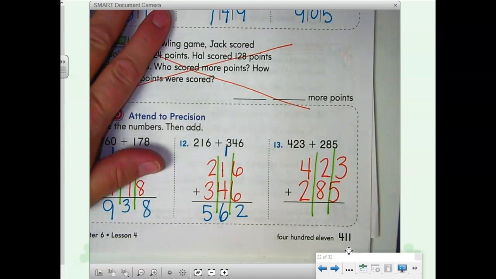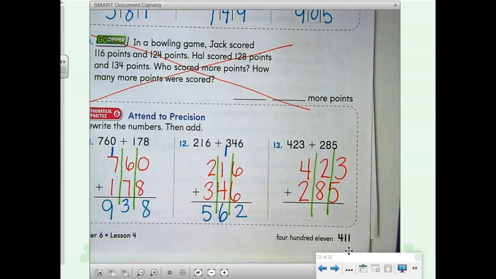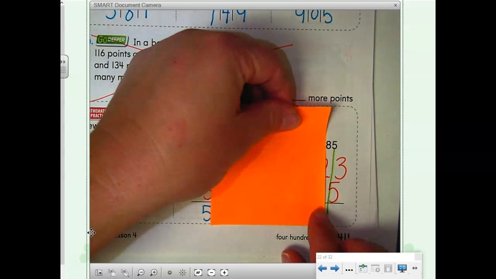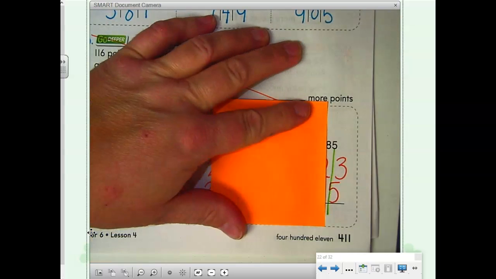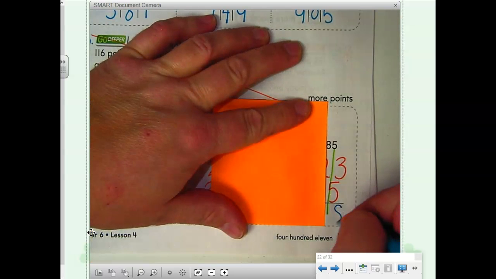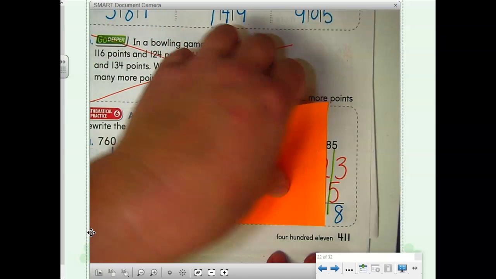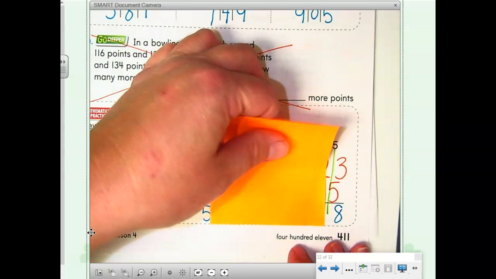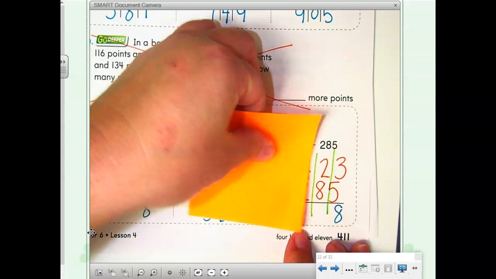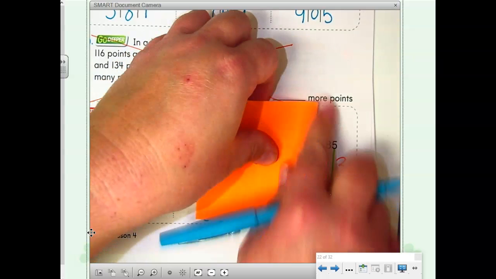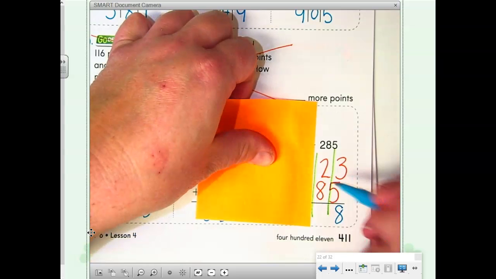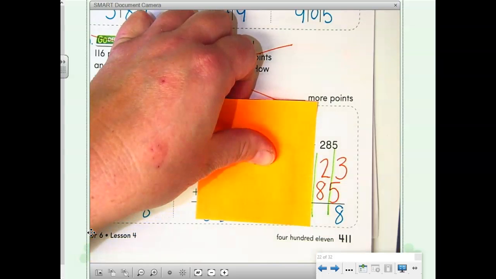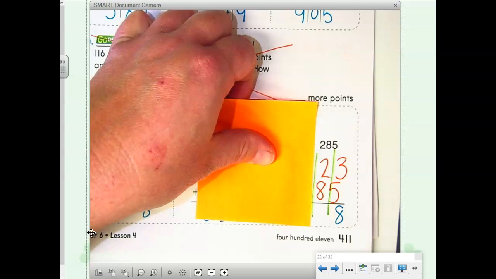And number 13. Okay, look at your ones place. 3 plus 5 equals 8. Do we need to regroup? No. So let's move over to the tens place. 2 plus 8 equals 10.